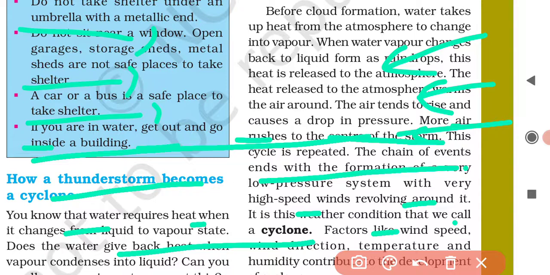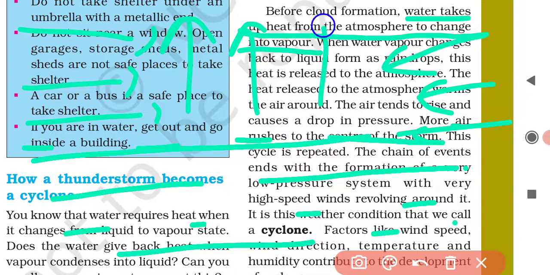So this water takes up heat from the atmosphere to change into vapor. Now the water has risen up. The water took the heat and it rises to a very high place.